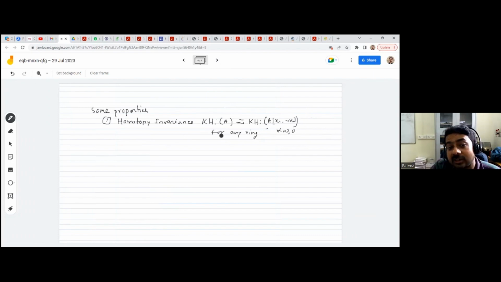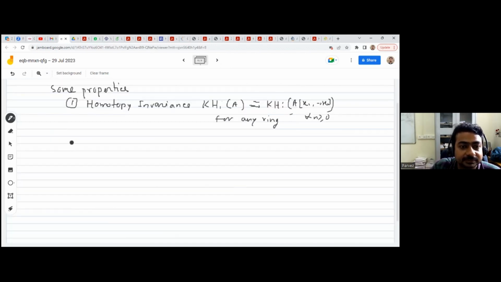So homotopy invariance holds for any ring. It need not be regular. That is the main point to remember. And I'll discuss the proof also. The proof is also very easy.